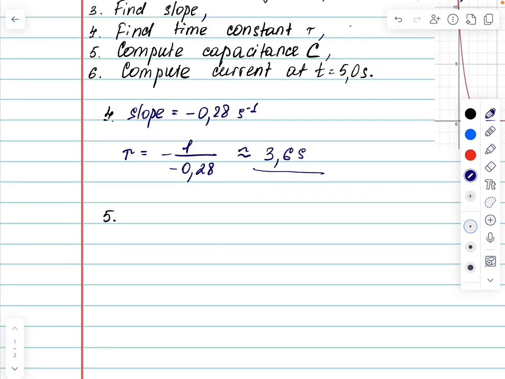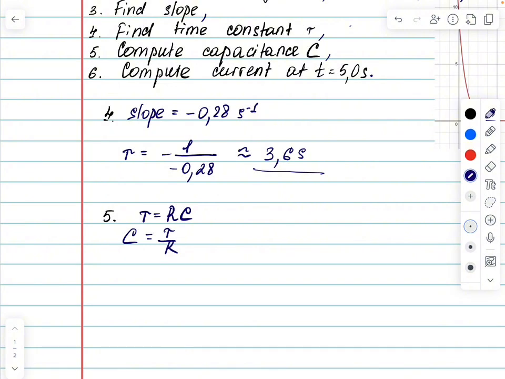Now we can compute capacitance. I can determine the capacitance using the formula. So our C is time constant divided by resistance.